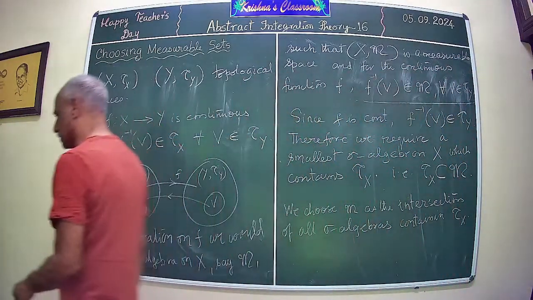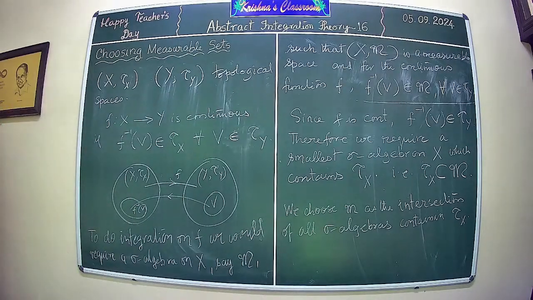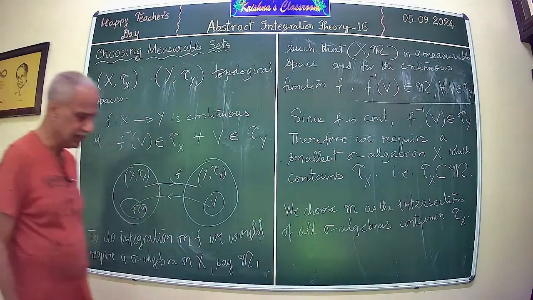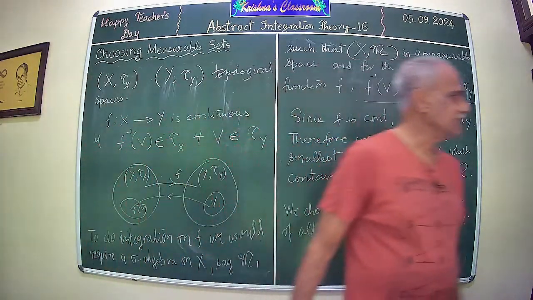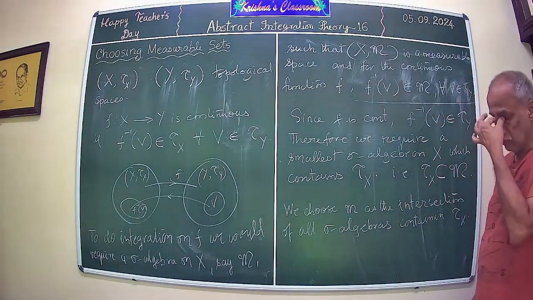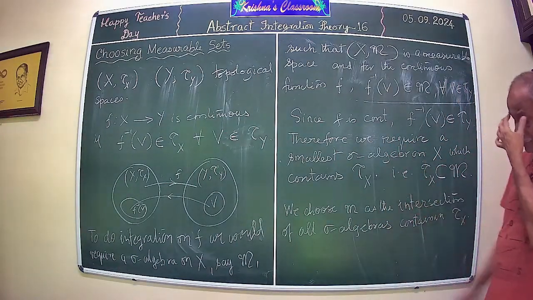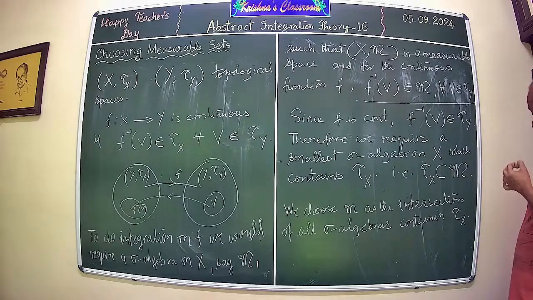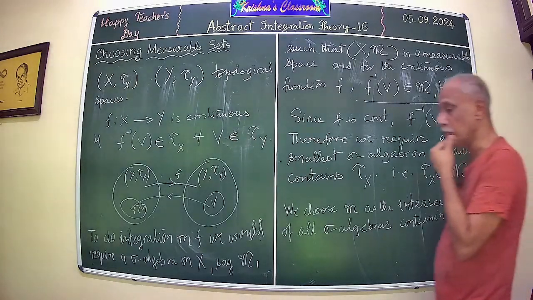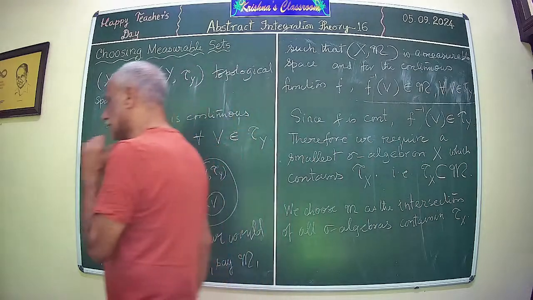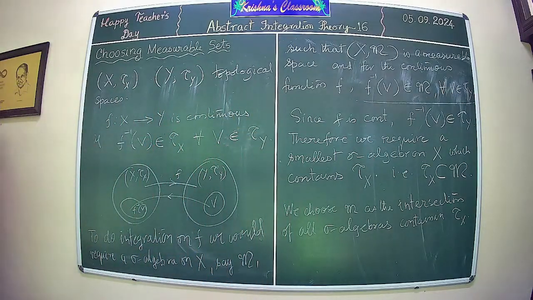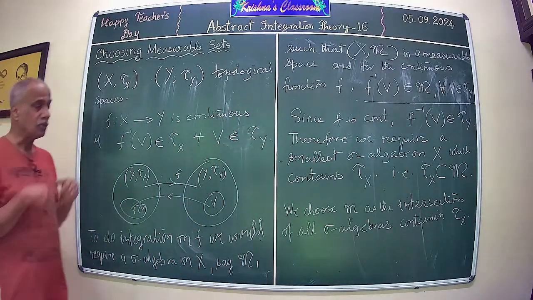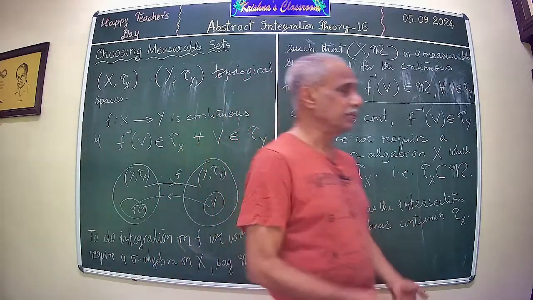Topology is closed under arbitrary union and finite intersection, whereas the measurable class or the sigma algebra is a collection of sets which is closed under countable unions and countable intersections.